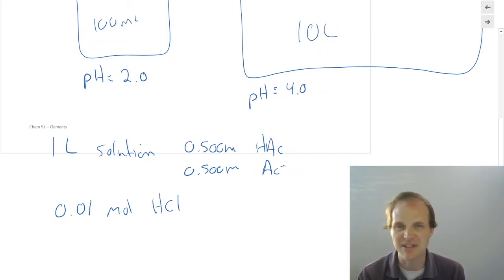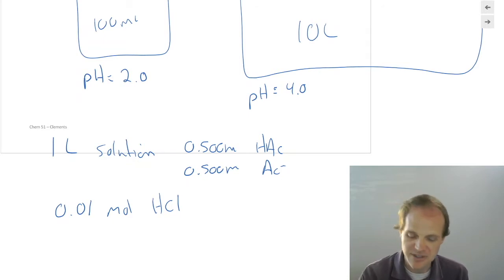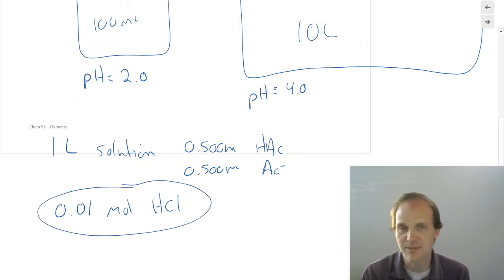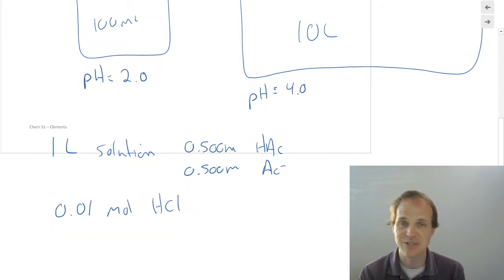Even if I added a milliliter, it wouldn't matter so much. How do we do that? In practice, you never actually do that, but you could. You can take hydrochloric acid, which is a gas, and bubble it through a solution. It'll add acid to the solution, but it won't change the total volume. So it's technically possible, people do it all the time for example purposes, to not change the total volume, and that's what I'm doing for you guys.